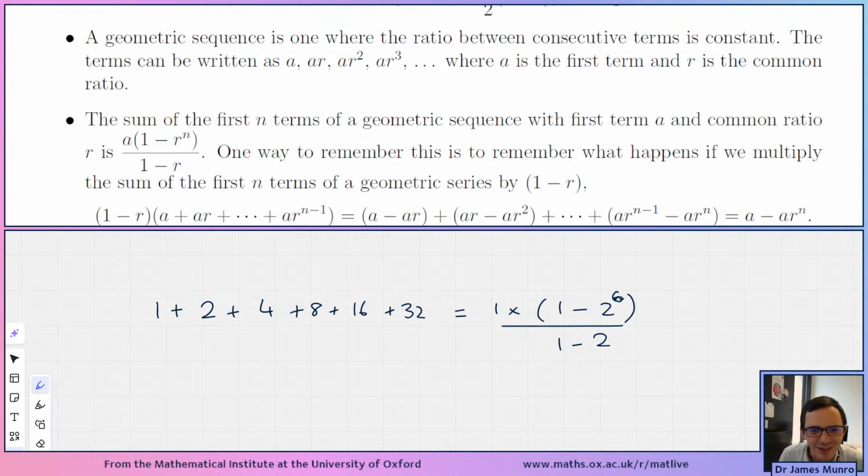I kind of regret giving you the formula like this. Obviously, we could put a minus sign on the top and the bottom to make it 1 times 2 to the 6 minus 1 divided by 2 minus 1. And sometimes it's good to write that down so that you don't confuse yourself with minus signs. I've got negative numerator and denominator, which you can deal with. What does this make? This makes 63, I think. And having a formula for that is quite good.